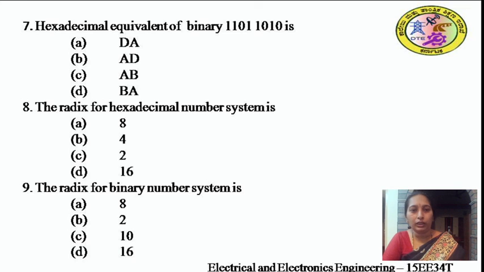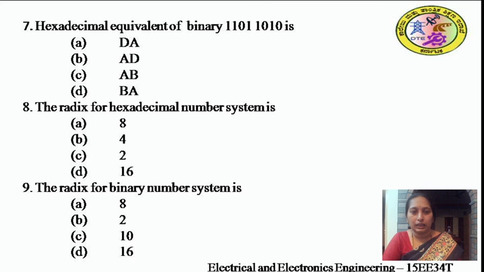The next question: the hexadecimal equivalent of this binary number. How can I represent it? I have to make groups of 4 bits starting from LSB towards MSB. If I take these two groups, 1101 is D, 1010 is A, so the answer is DA.